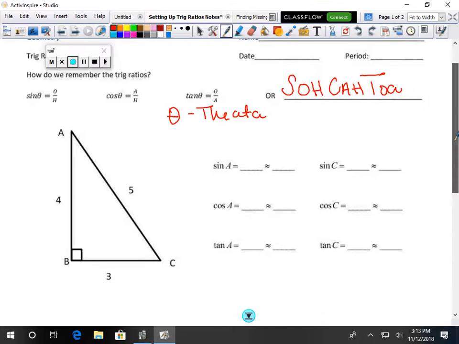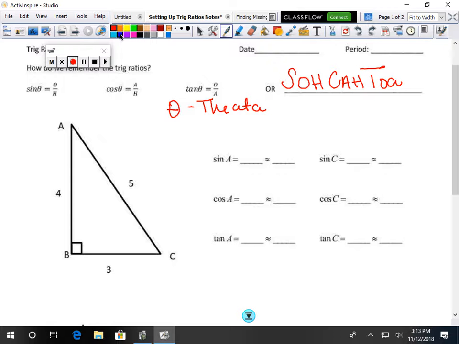So we're going to kind of color code our notes here. Looking at this example, I'm going to first look at sine, cosine, and tangent for angle A. We are focusing on angle A, so this is where I'm going to draw my stick man to help me label my sides O, A, and H. From angle A, 3 would be opposite, 4 would be adjacent, and 5 is our hypotenuse.